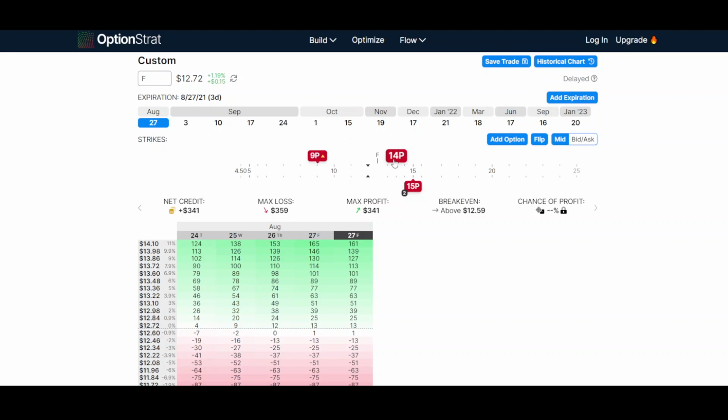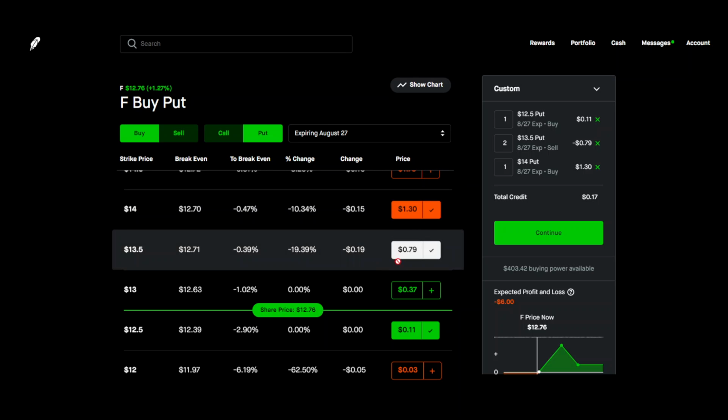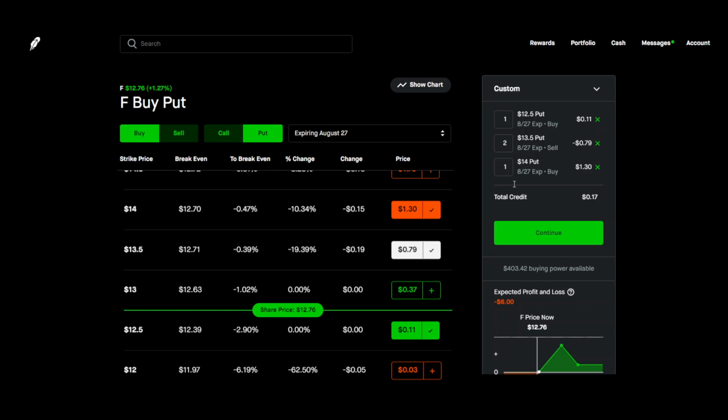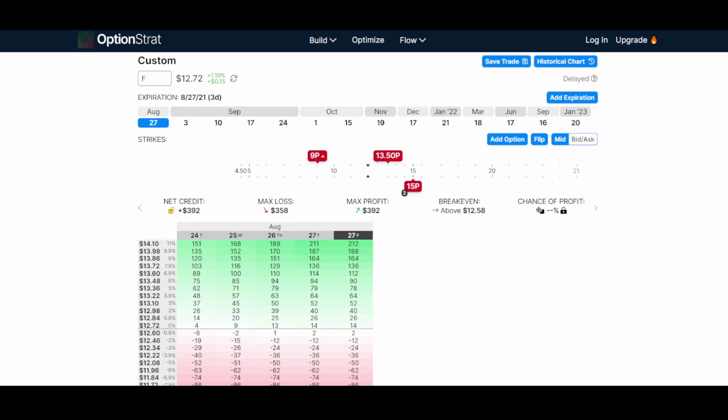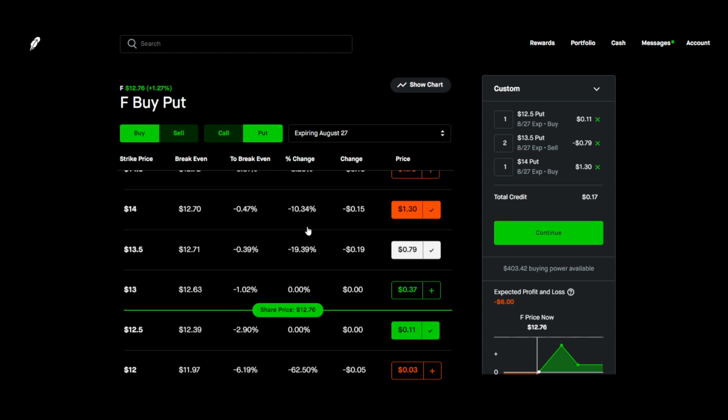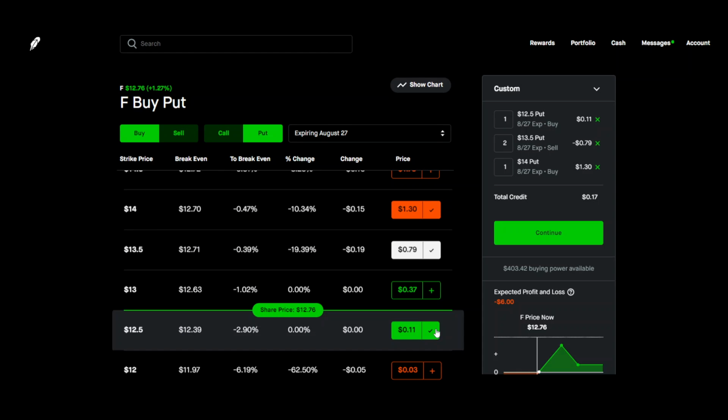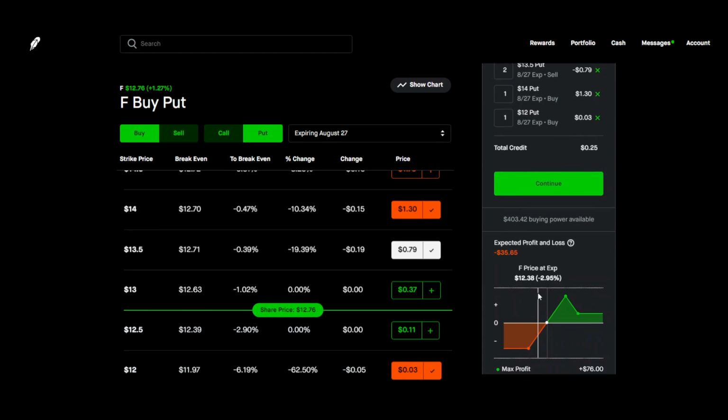It's not even recognizing that we bought one at 12.5. Interesting. Okay, so I'll switch it over here to 12.